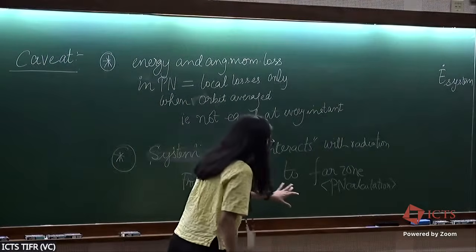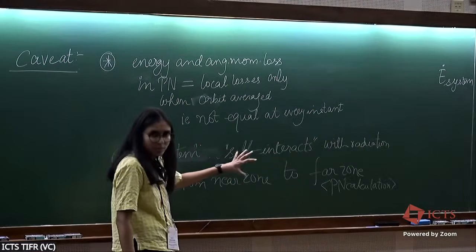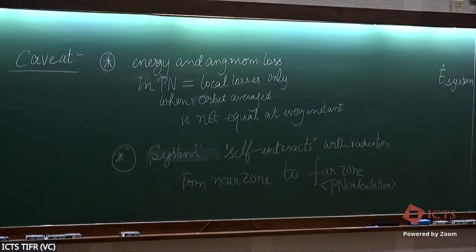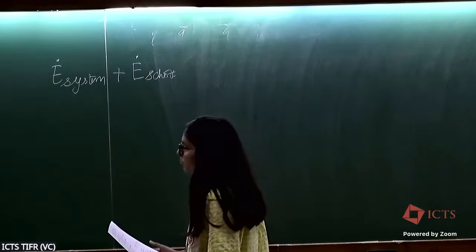And this short is basically capturing the fact that when you go from near zone to far zone, there are some self-interaction terms. And this self-interaction term is not a non-linear effect. It also occurs in the linear theory as well, for example, electrodynamics.